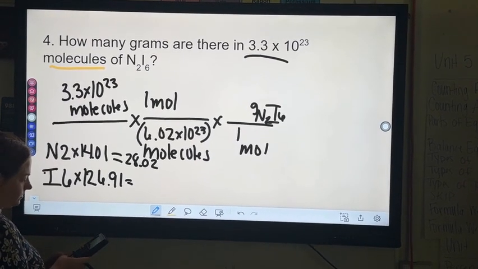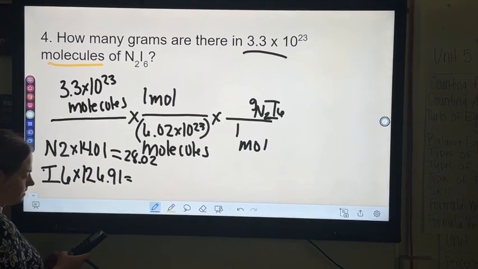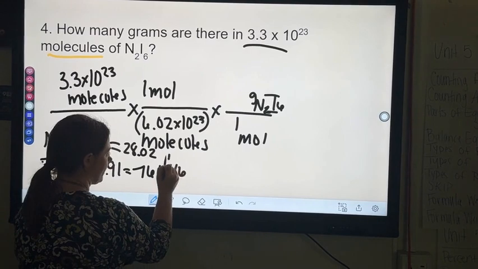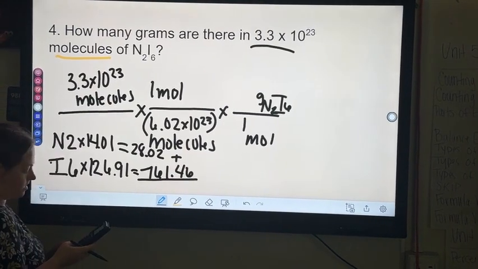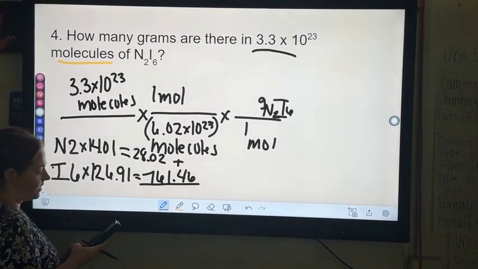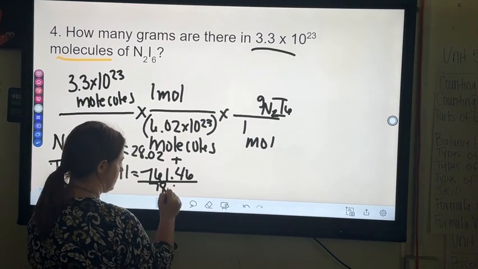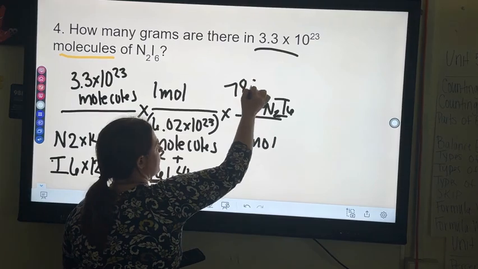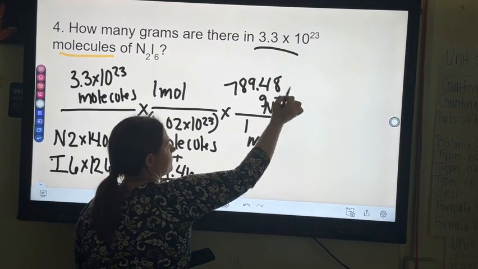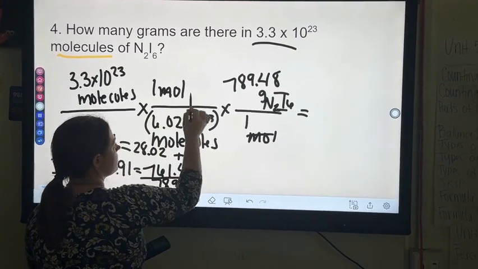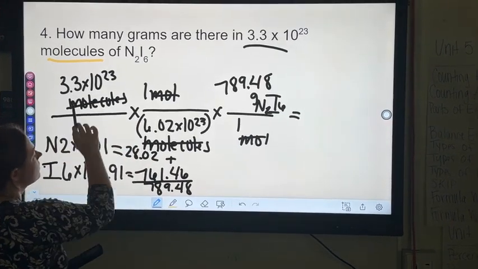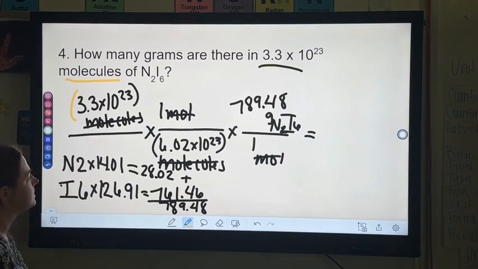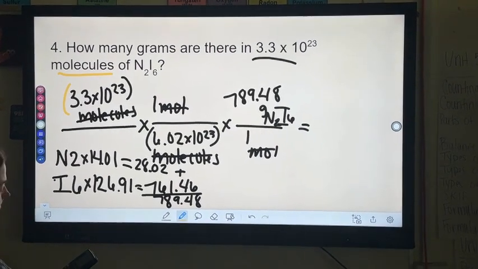So 6 times 126.91 is 761.46. We add them together, and we get 789.48. So 789.48. Our moles cancel, our molecules cancel. You're going to multiply the top, making sure everything goes in parentheses if it has an exponent, and then divide by the bottom.